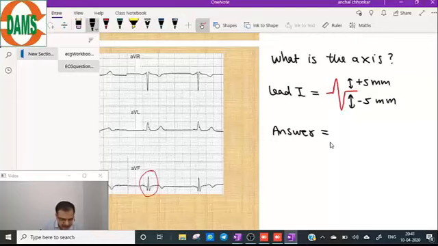My question is, what is the axis of this ventricle? 0 degree?